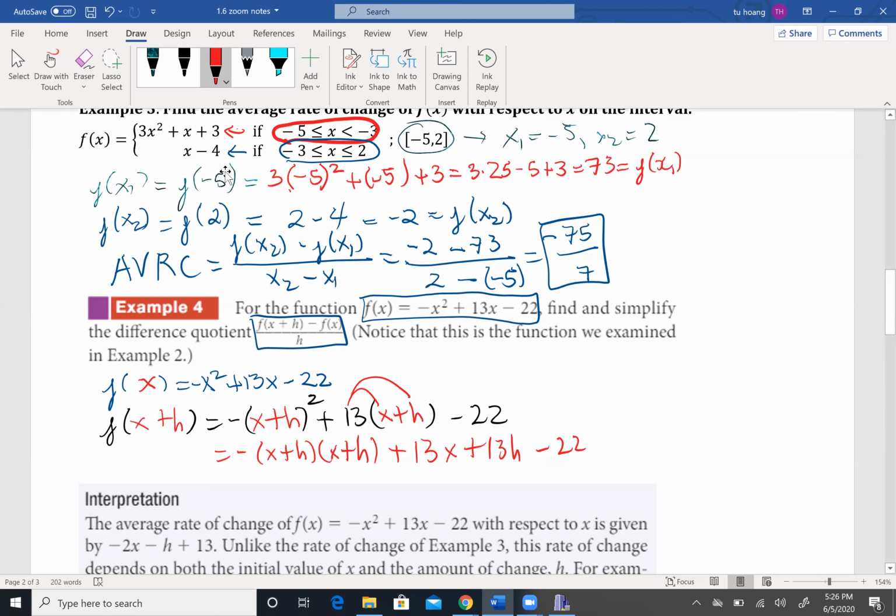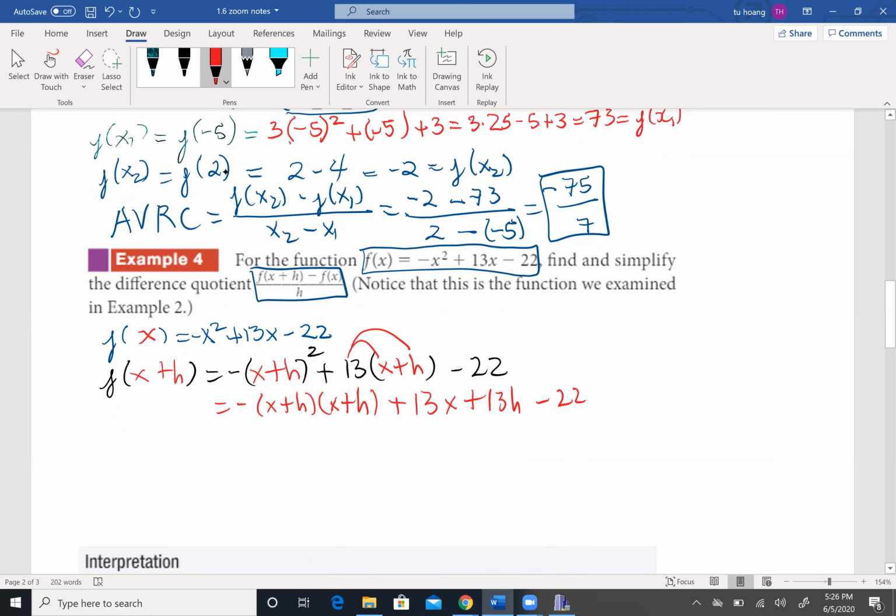Okay, so moving this down, I'm going to have minus of x squared plus 2xh plus h squared, and then plus 13x and plus 13h minus 22.